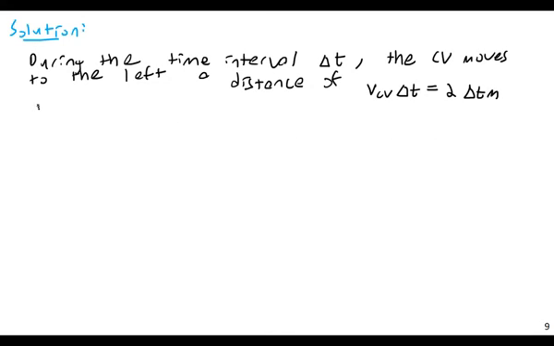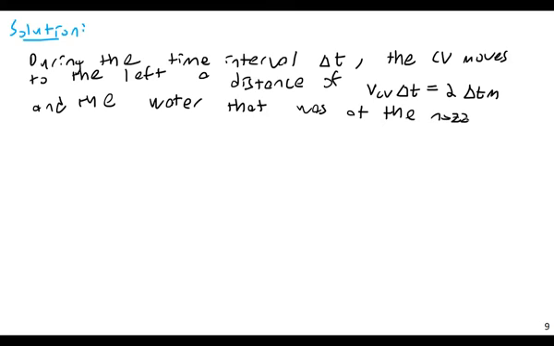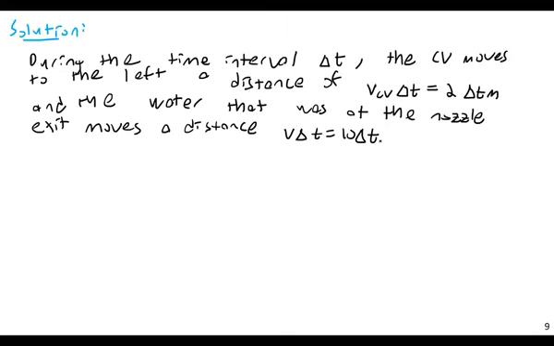And the water that was at the nozzle exit moves a distance v delta t equals 10 delta t meters to the right.